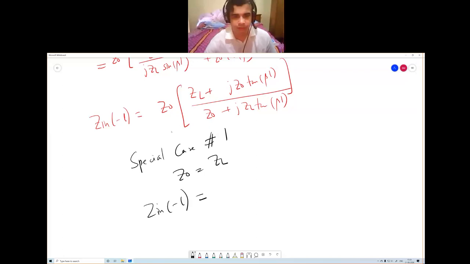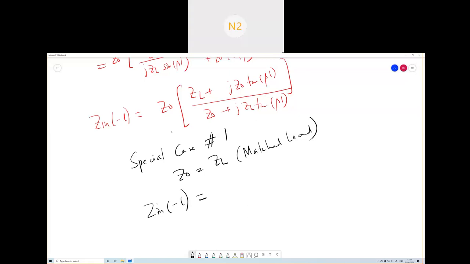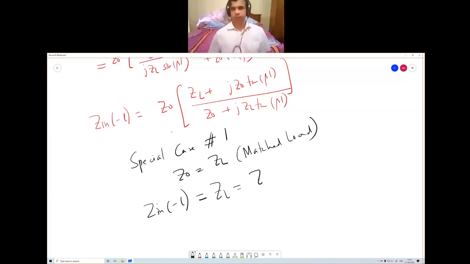What happens now? So that will be equal to ZL, or equal to Z0 because they are the same.